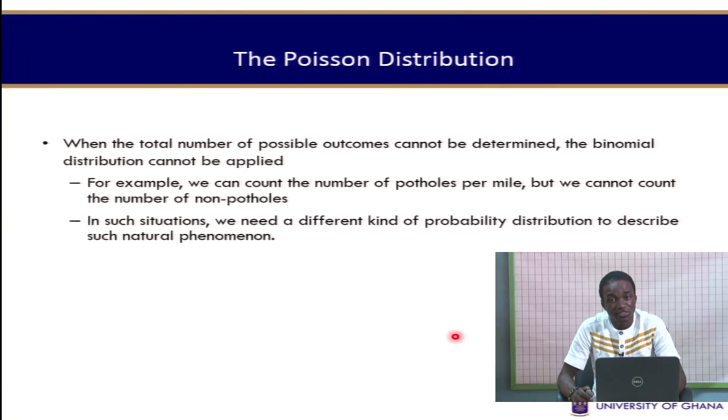But there are cases where the possible outcomes cannot be determined, and therefore the binomial distribution cannot be applied because n is infinite. For example, although you can count the number of potholes per mile, we cannot count the number of non-potholes per mile. In such situations, we will need another probability distribution to describe such natural phenomena.